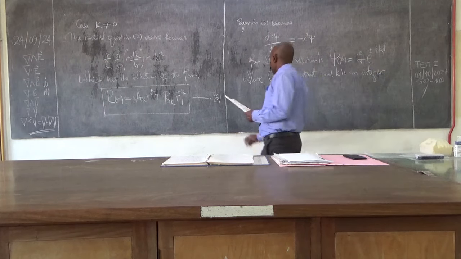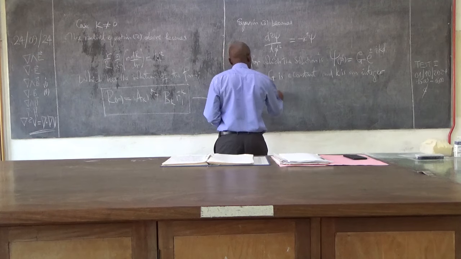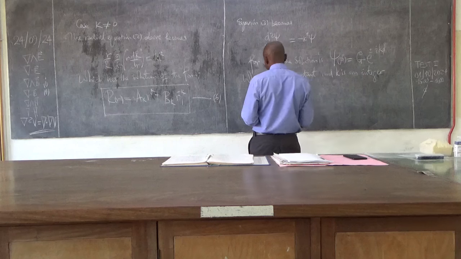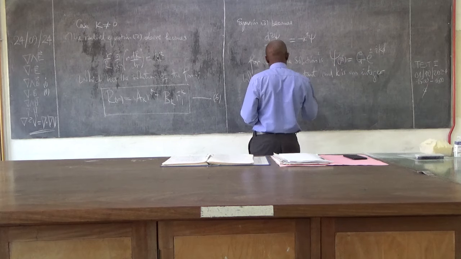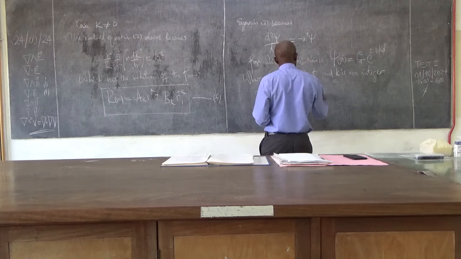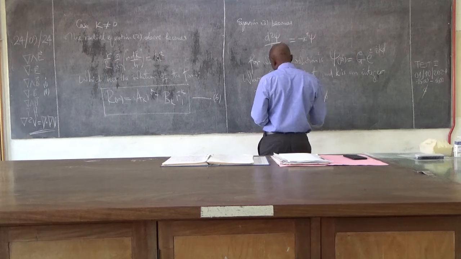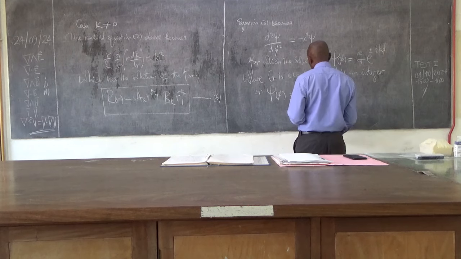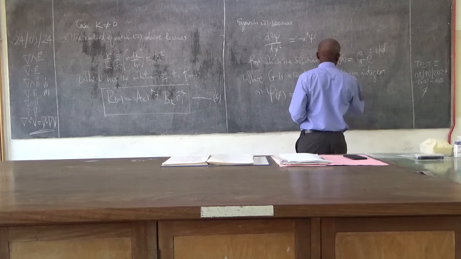And so we can write psi of phi being equal to some constant C_k cos k phi plus D_k sin k phi.